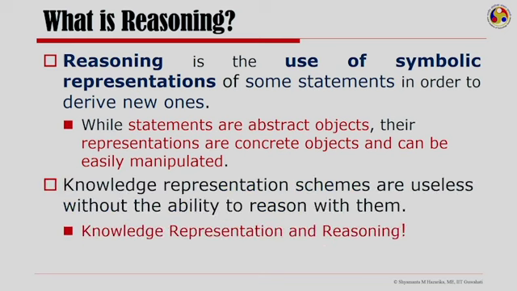Knowledge representation schemes would be useless without the ability to reason with them, and that is why we say knowledge representation and reasoning together. We do not only look at the representation part. Reasoning is an integral part of knowledge representation, and that is why the term is knowledge representation and reasoning.